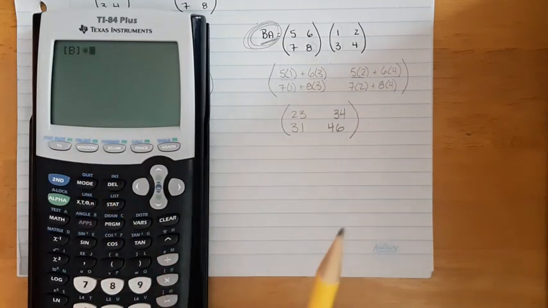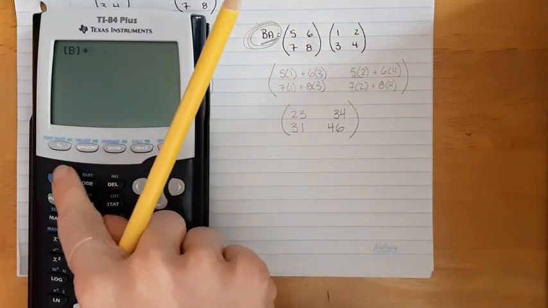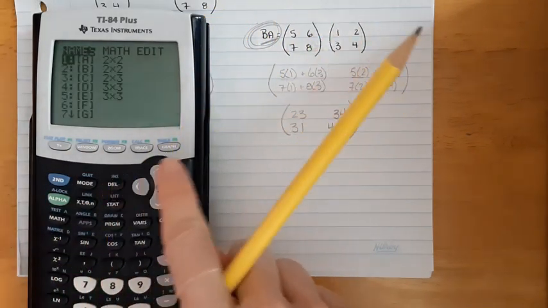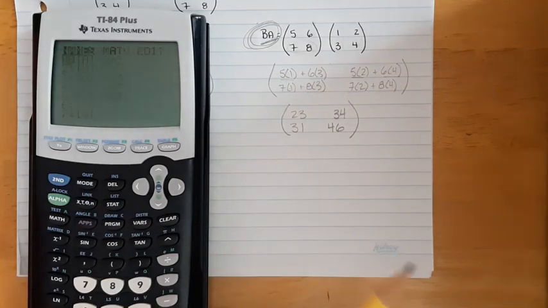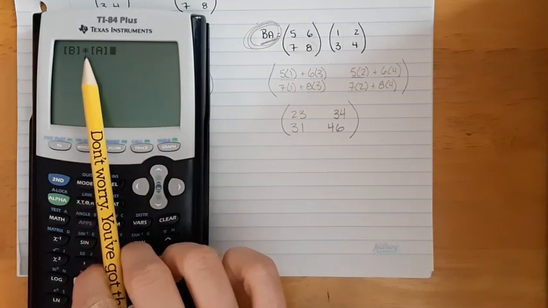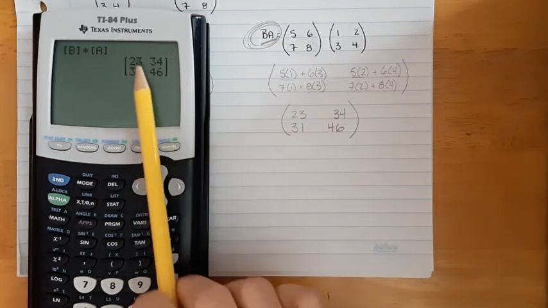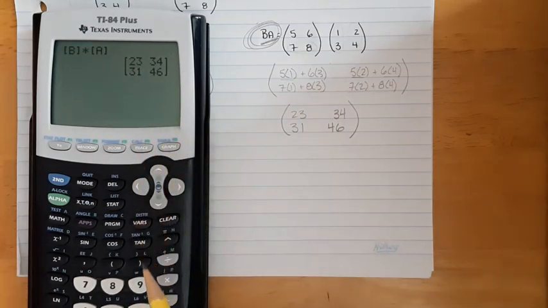And now I want to multiply that, so I just hit the multiply button. And then I'm going to call back the name of matrix A: back into the matrix menu, select A. So now I have B times A. Then I hit enter, and it gives me the answer to that multiplication. Calculator is really slick. You need to be able to do it both ways though, and that's really important. Okay, that about does it for matrix multiplication.